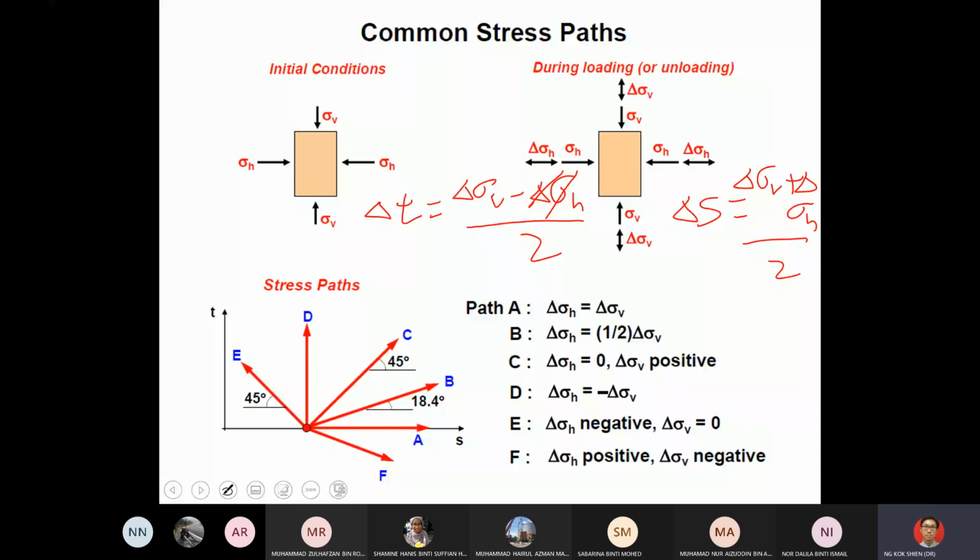Delta sigma V is positive, and delta sigma H is 0. So the gradient of the stress path is delta T over delta S. The delta V answer is the same, so we get 1. The gradient is 1, so the angle is 45. Let's call it alpha equals tangent inverse of 1, so we get 45 degrees. Degrees, not a name. Can you understand?